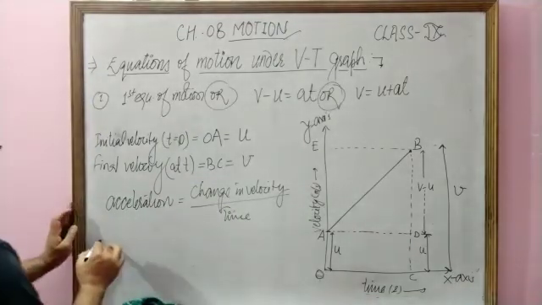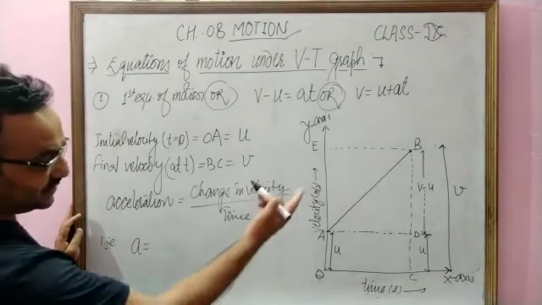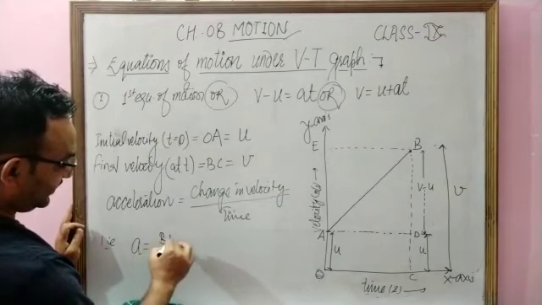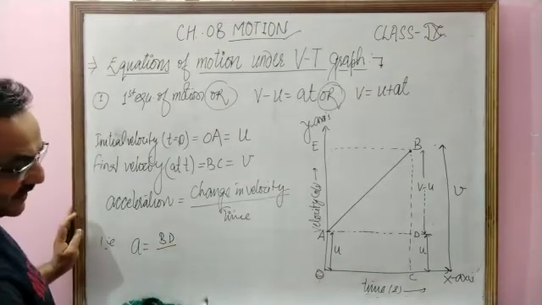That is, A is equal to, what's the change in velocity? BD. And time taken is here, AD.